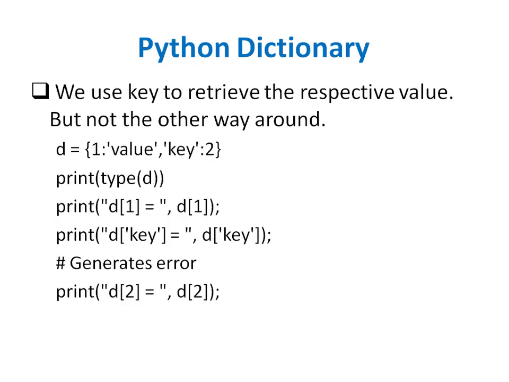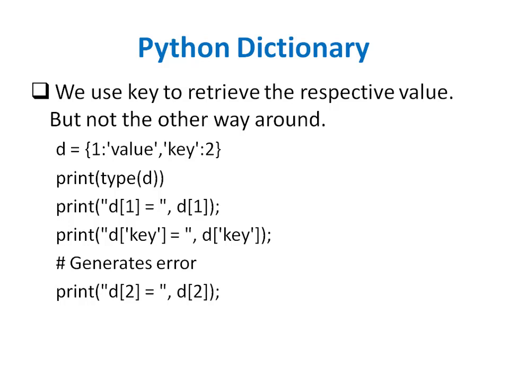We use the key to retrieve the respective value, but not the other way around. That is, a key can be used to retrieve the respective value, but the value cannot be used to retrieve the key. Let's see an example: D is equal to {1: 'value', 'key': 2}. Now, in order to access the value, you need to have access to the key, 1, or for the value 2, you need to access the key.